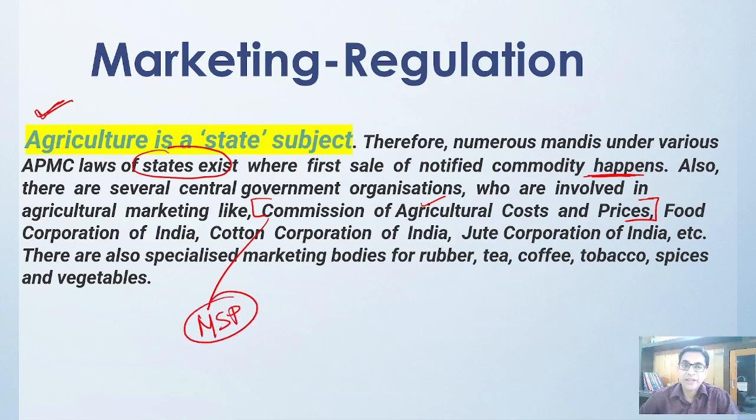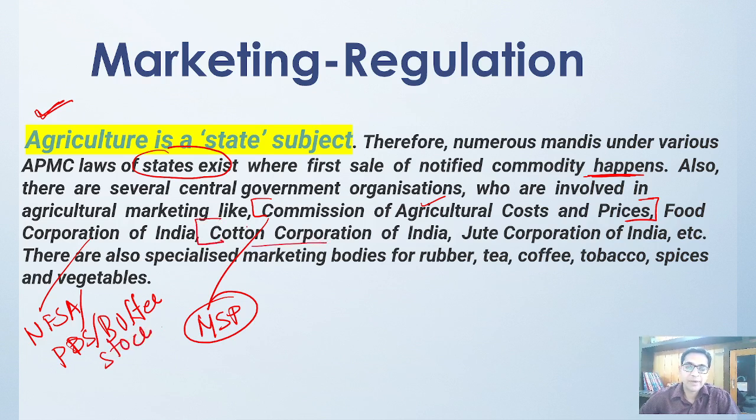The Food Corporation of India is helpful in the National Food Security Act, public distribution, that is the PDS system, and also buffer stock. Then the Cotton Corporation of India, which is helpful in research and development and marketing of cotton. The Jute Corporation of India is there, the Silk Board is there.